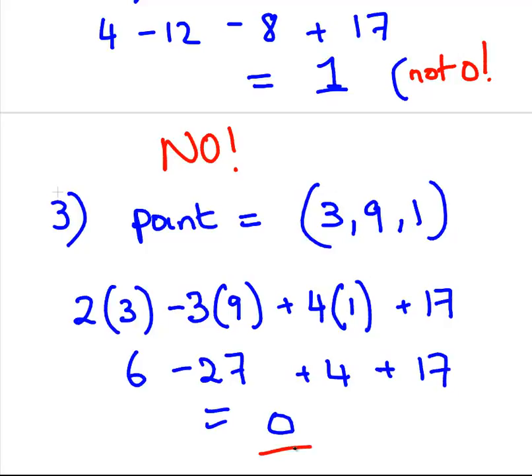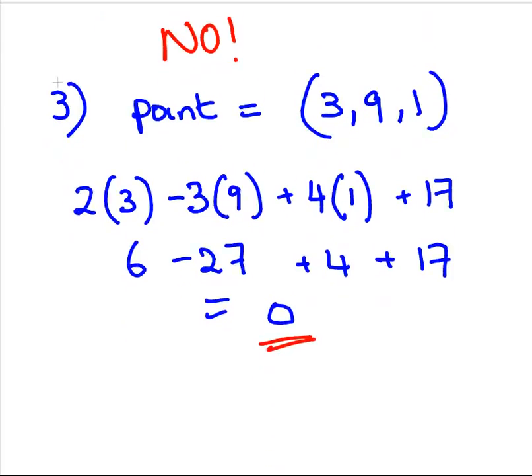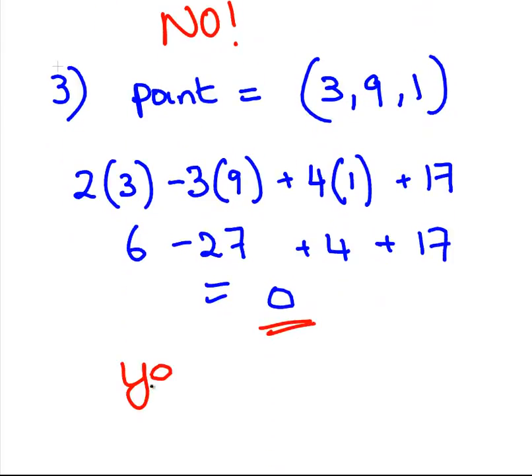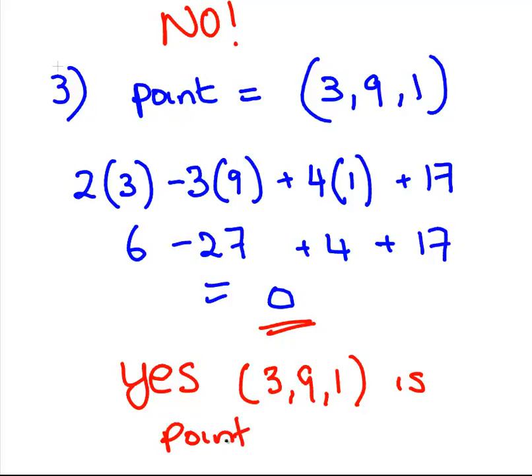So yes, this is a point on the plane. You should actually state that: yes, 3, 9, 1 is a point on this plane. Just having equal 0 as the final statement of your question isn't enough; you have to spell it out.